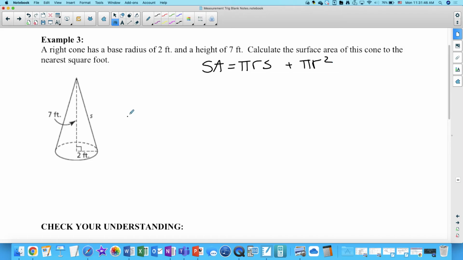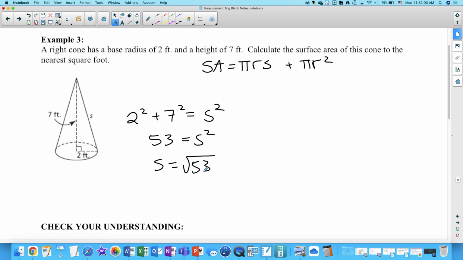So we're going to have 2 squared plus 7 squared equals s squared. And this is 4 plus 49, so that's 53 equals s squared. So s equals the square root of 53. And that should be 7 point something. 7.280, and that's feet.